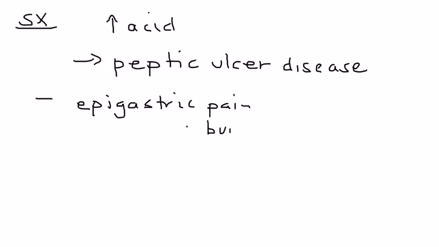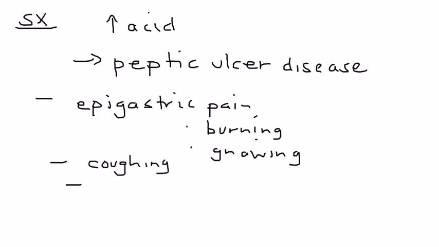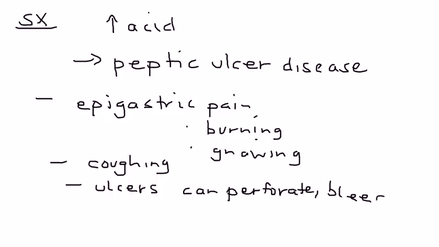It's described sometimes by the patient as a burning or gnawing type of pain. The patient may also have coughing associated with it, and these ulcers can sometimes perforate and also bleed. And about 50% of patients with ZE syndrome will also have symptoms of diarrhea along with the peptic ulcers.